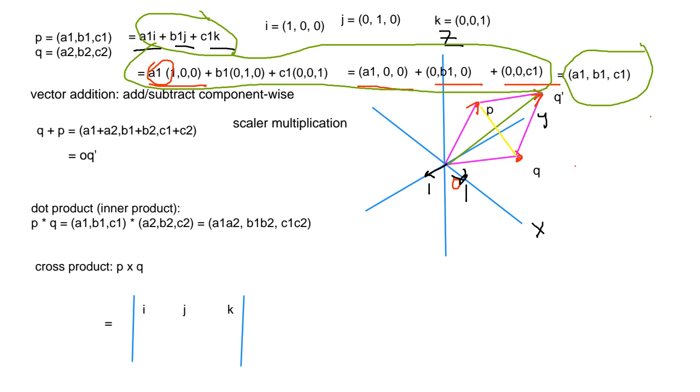So P is A1, A2, A3, that's vector P. Then Q, the last row, the third row. Sometimes we do use A1, A2, A3 this way, but for now I use A1, B1, C1.